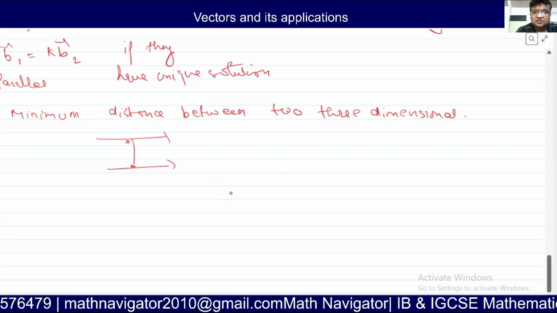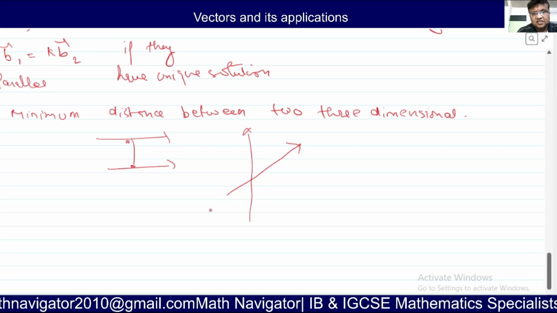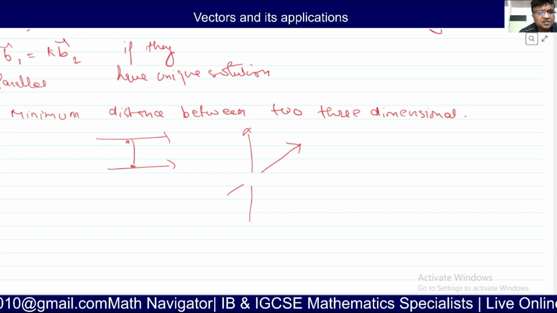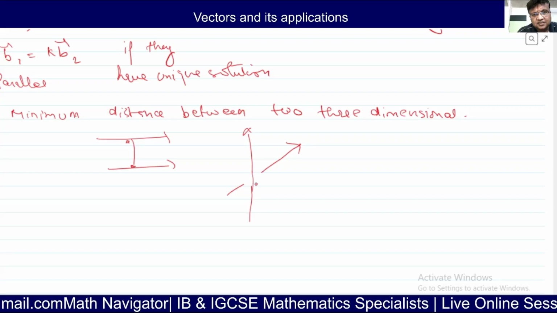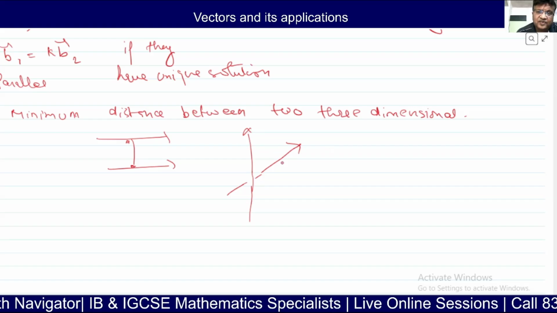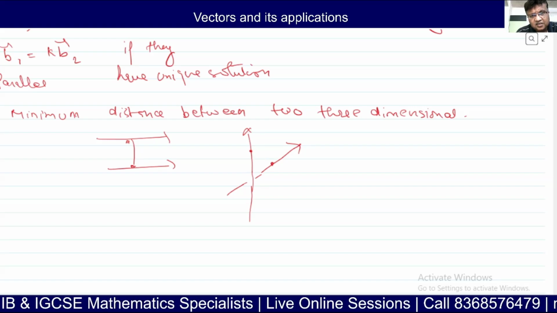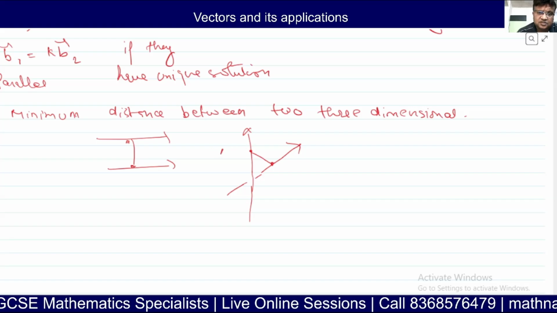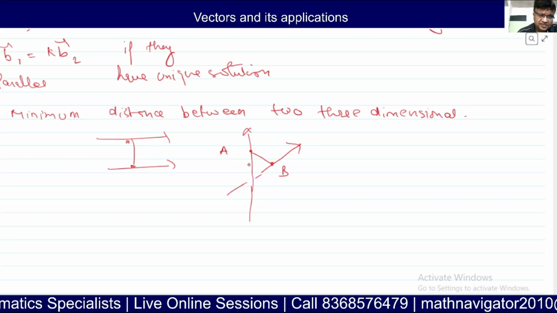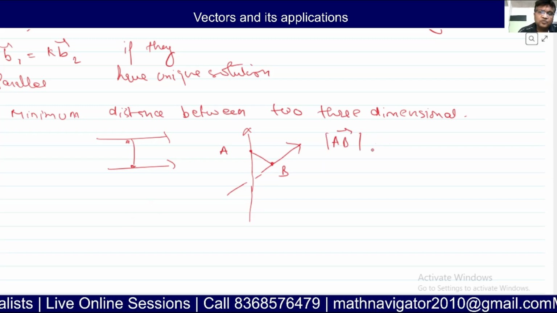If I have two three-dimensional lines, and I want to find the minimum distance between them, the minimum distance is perpendicular. So if I say points A and B are lying on the two lines, if I find the magnitude of AB, that should be my answer.